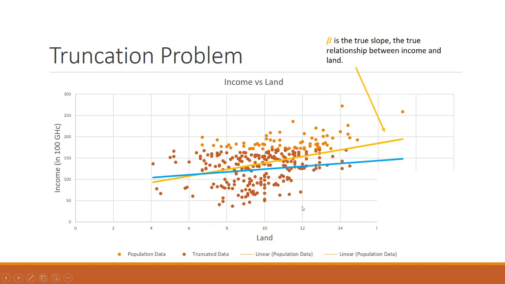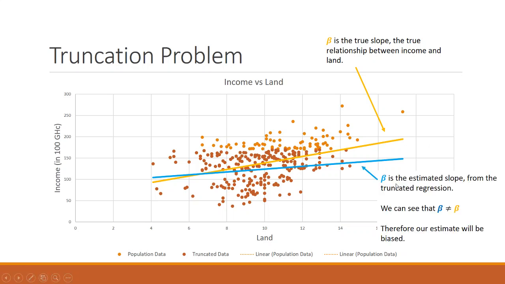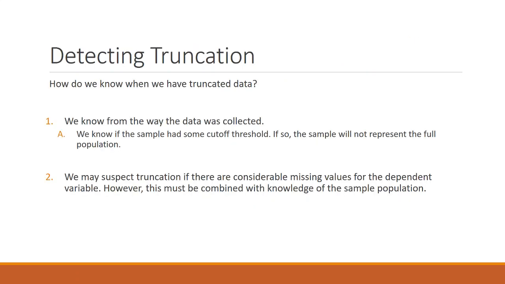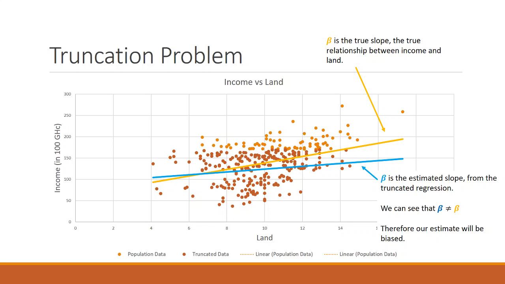All right, so just to make that clear, the beta from the yellow regression curve is the true slope, the true relationship between income and land, and the beta from the blue curve, the estimated slope, is from the truncated regression, and we can see that the blue beta is not going to be the same as the yellow beta, so therefore our estimate will be biased. All right, so that's the issue.